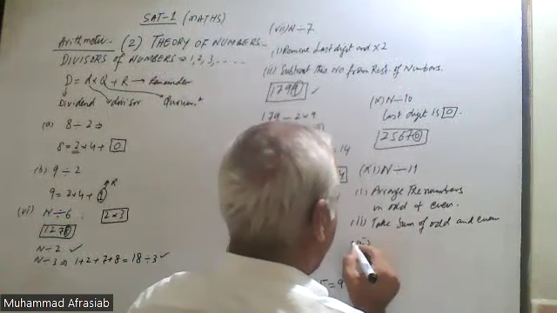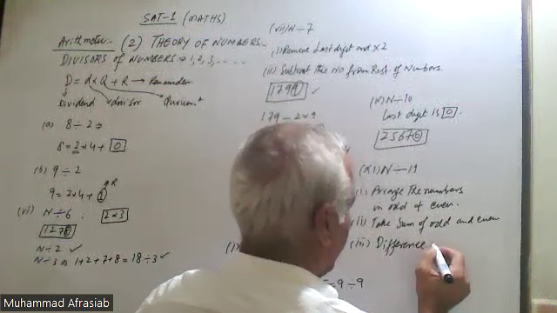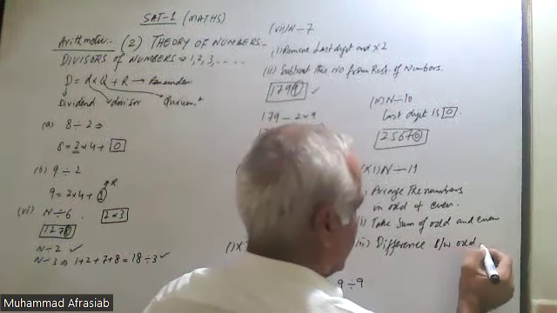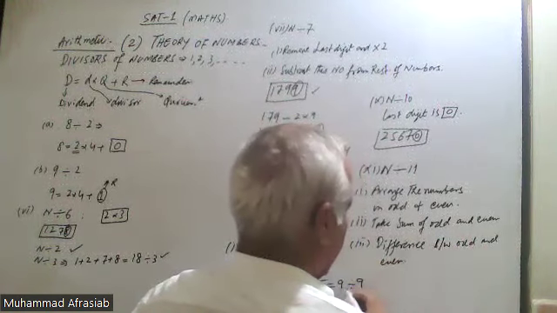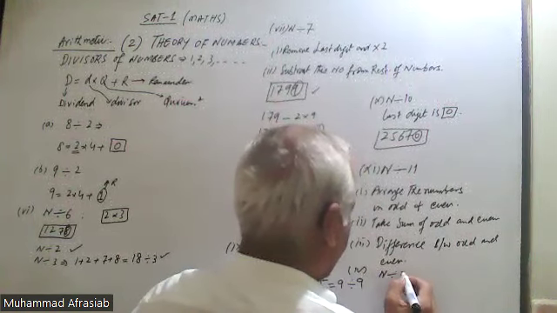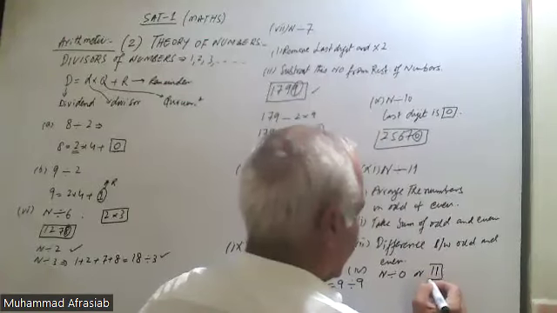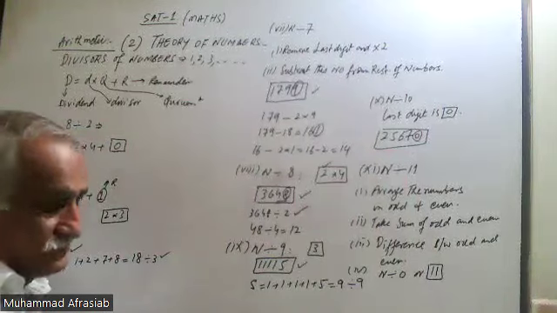Then take the difference between odd and even. Fourth, if that number is either 0 or a multiple of 11, then the whole number is divisible by 11.